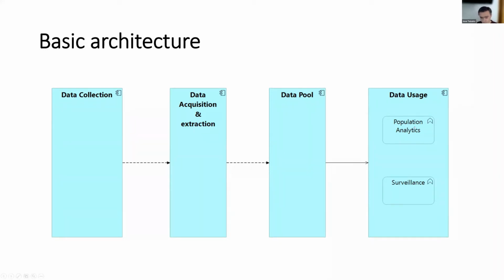And I just kept those two boxes because data usage can be population analytics, like where are the focuses of infections of some disease, or what geographical location or what social group has more prevalence of this or that. So that's population analytics. And there's also surveillance in the sense of tracking the disease evolution.